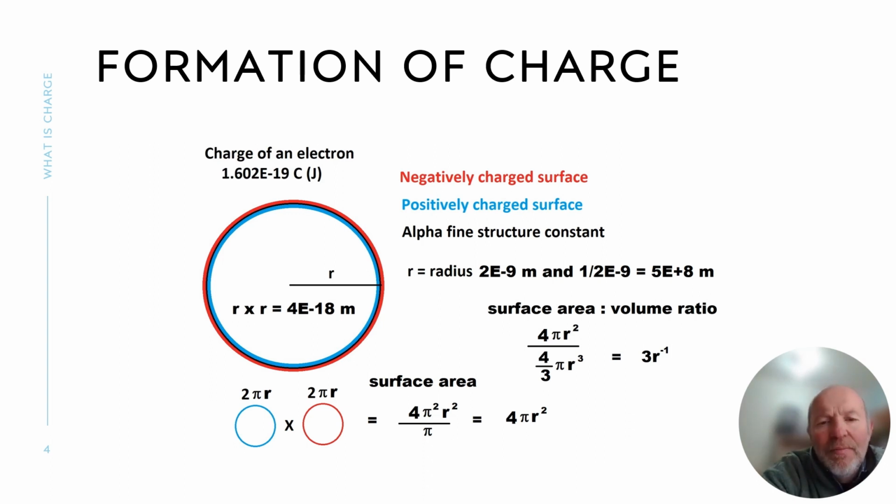And the circumference of the electron and the positron are determined by 2 pi r. So 2 pi r times 2 pi r gives us 4 pi squared r squared divided by pi, giving us the surface area of 4 pi r squared.